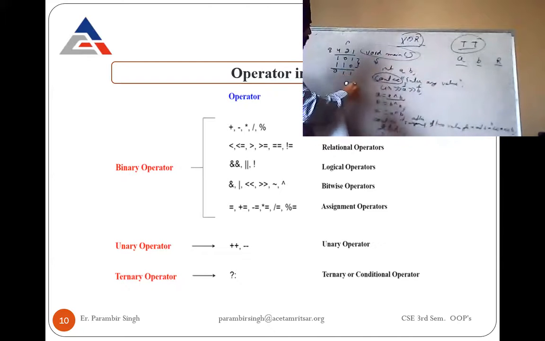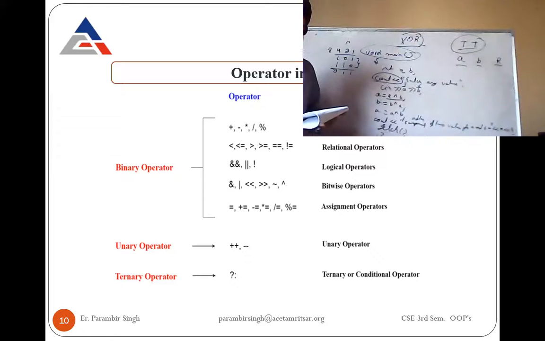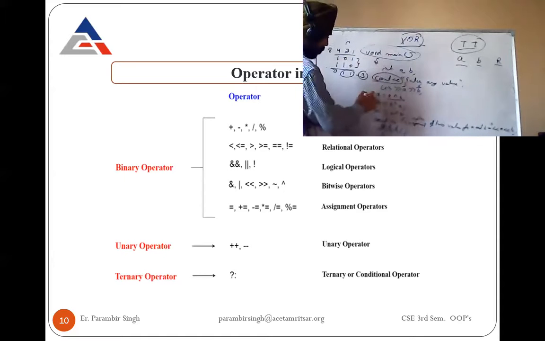So after that, we will get 3. This is the binary value for this addition, and the decimal value of this output is 3. So A now has a value of 3.